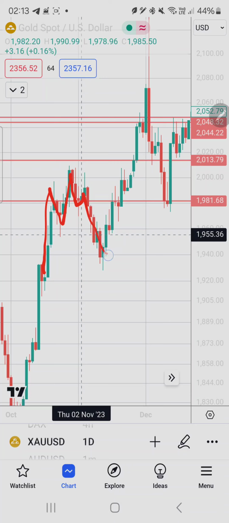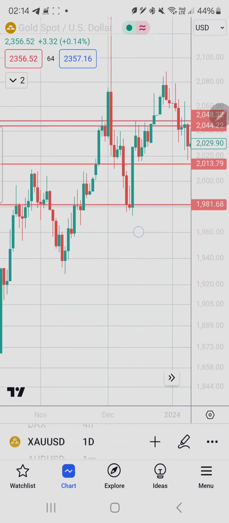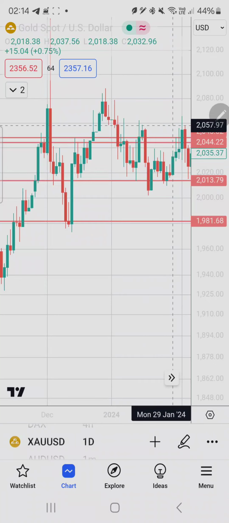It was supposed to come down to this area and this area, but this candle never came and it failed. So where are we going? We are going to take a buy here on this line, and if we had taken a buy, boom, we had profits. Where are the profits? Let me show you again. These are the profits. So that's how we mark it.